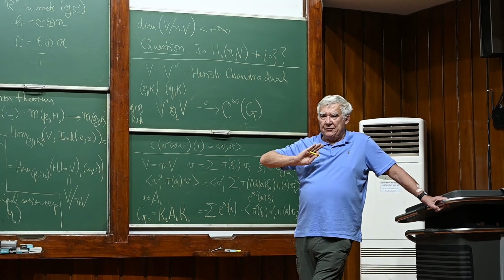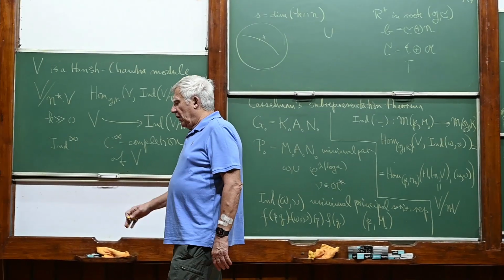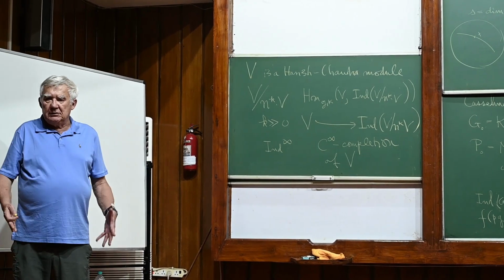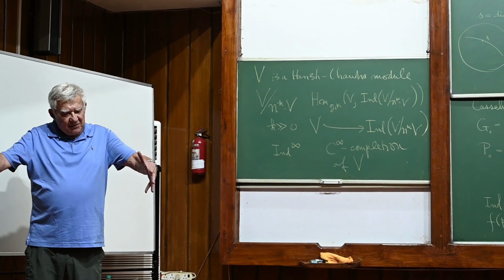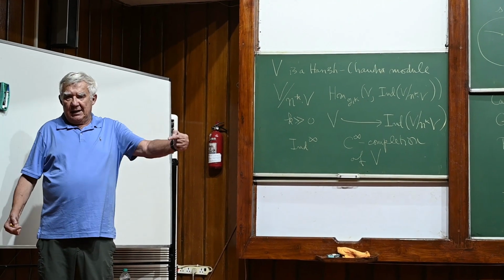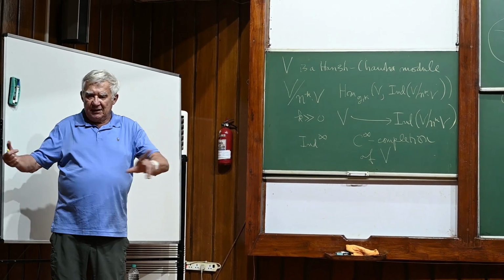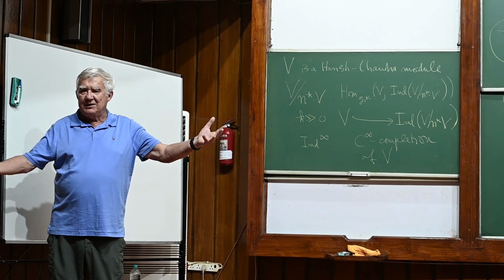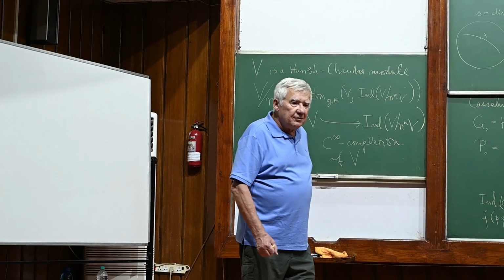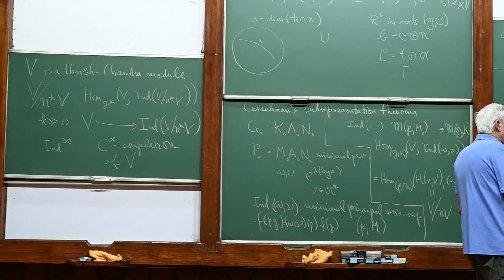It goes from Harishchandra modules into this category of representations on a class of topological vector spaces with particular properties. And then, of course, taking the Harishchandra module of such a representation is the quasi-inverse of this. This is an equivalence of categories. They're all Frechet spaces. Yeah.